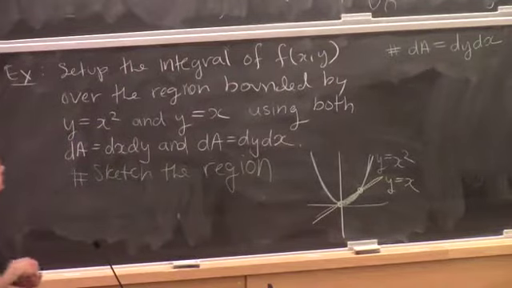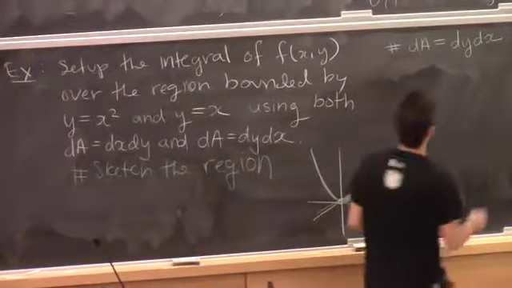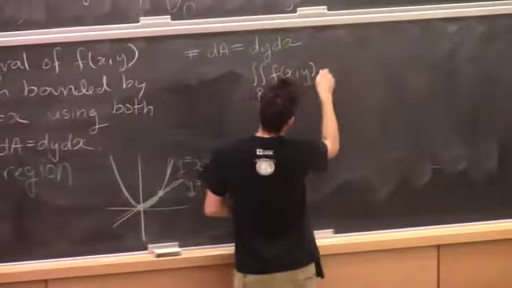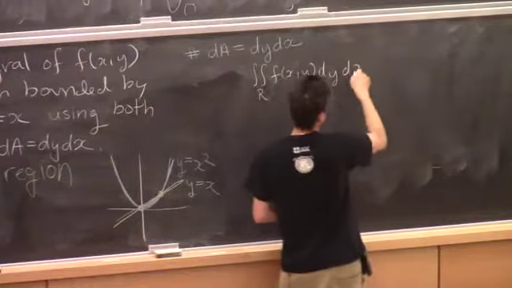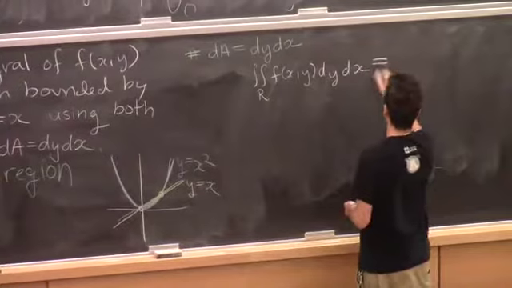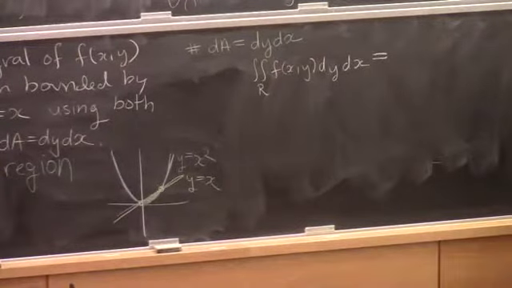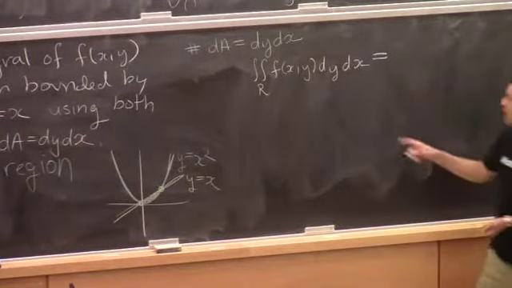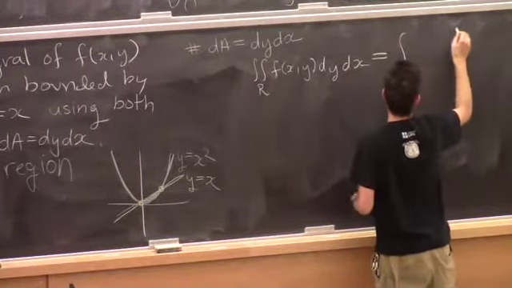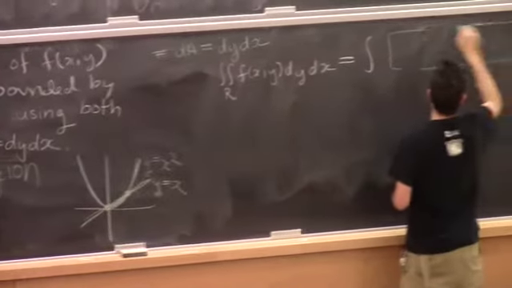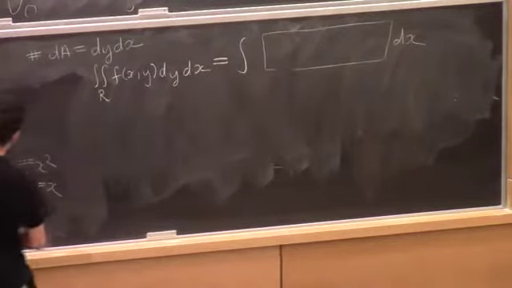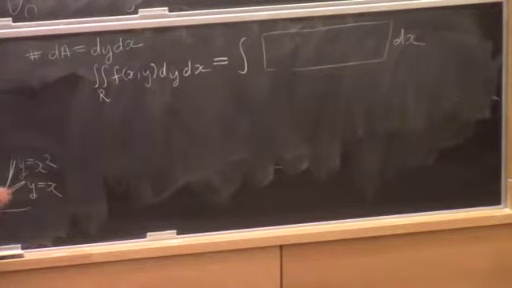Okay, so using this order of integration, right, what do we want to do? We want to go as far as possible in x. Okay, so we have to figure out the horizontal limit, the x limit of this guy.